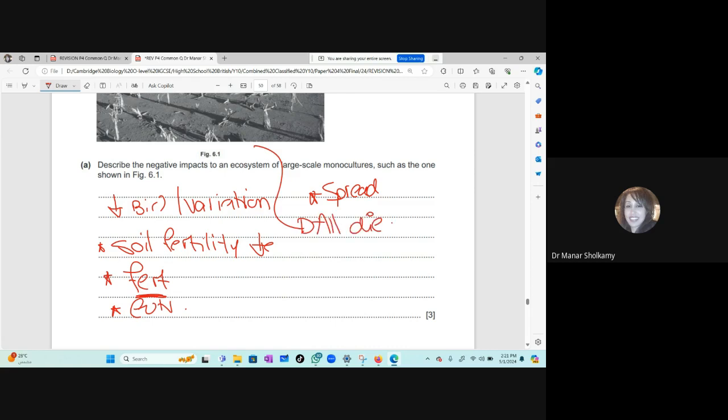What else? When I don't grow except one type of plant, but other animals or insects feed on different types of plants, how is this going to affect those insects? Isn't this going to affect the food web?